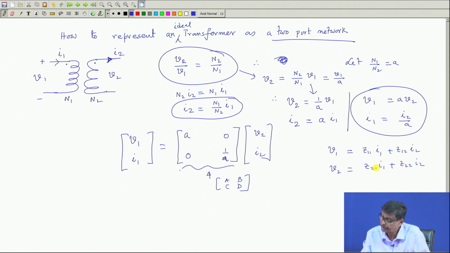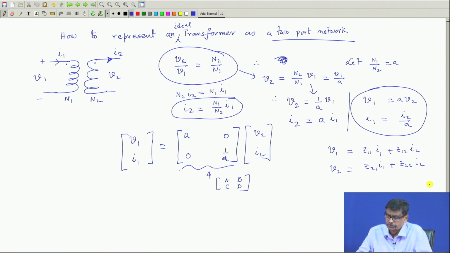This is how you have to write it. The question is, can it be written like this? V1 cannot be expressed in terms of I1 and I2. Similarly, V2 cannot be expressed in terms of that. That is, it looks like the impedance matrix does not exist here.